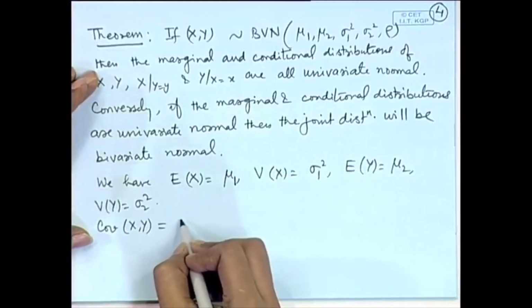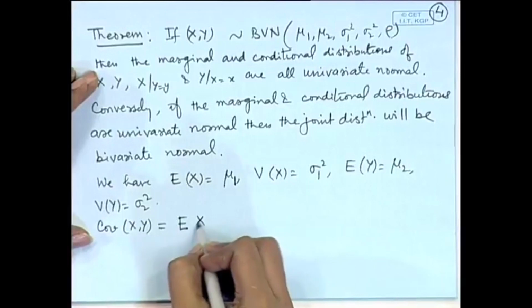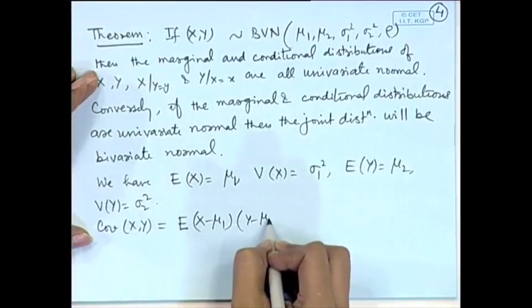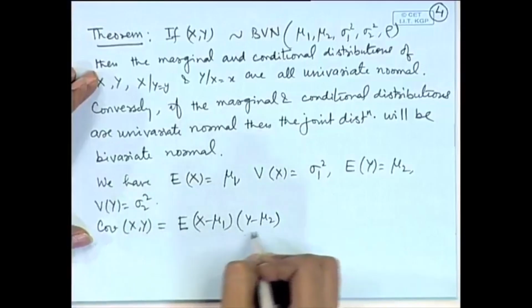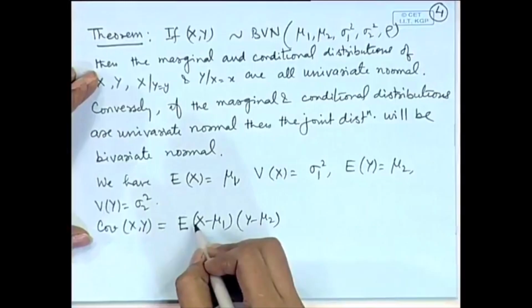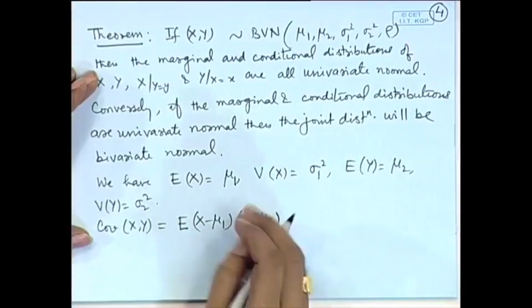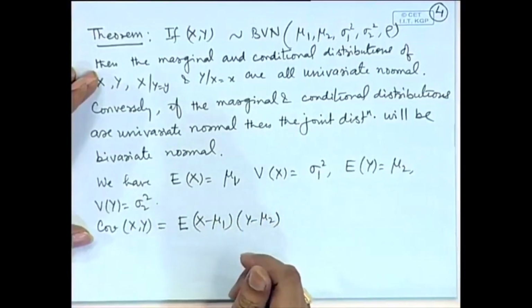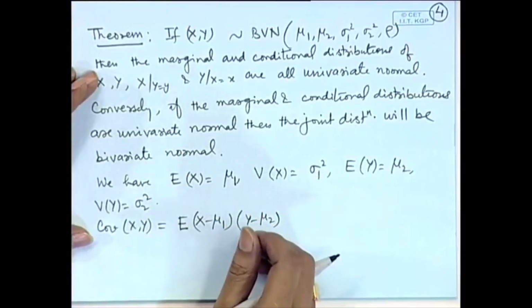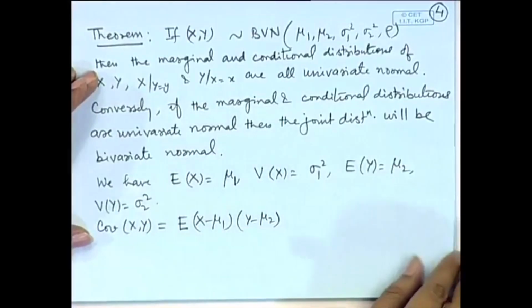The covariance between x and y is expectation of x minus mu 1 into y minus mu 2. Now, this central product moment can be calculated by the joint integration of the density function multiplied by this function. However, at this stage we introduce some formula for evaluation of the joint moments.